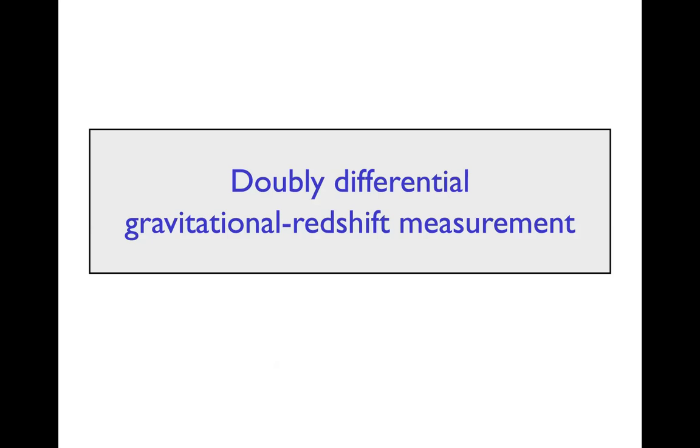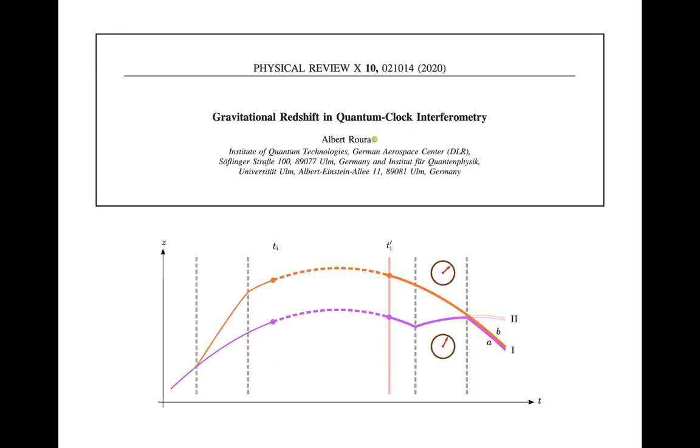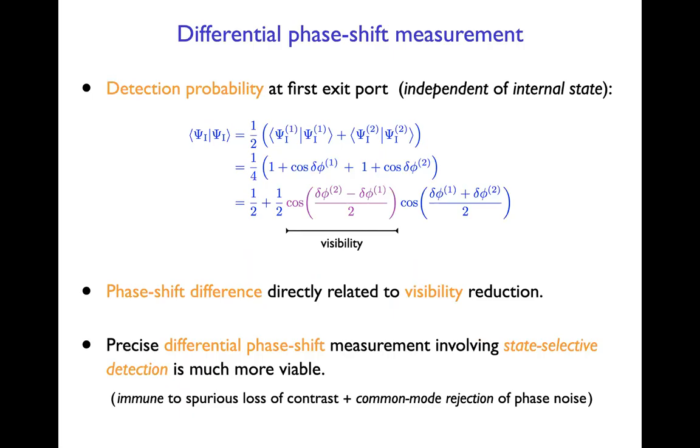So let's see now how one can come up with a measurement scheme, this doubly differential measurement scheme, that can circumvent these difficulties and overcome these challenges. This is based on the scheme presented here. Let's go through that in more detail, and let me highlight different aspects that will play a crucial role in overcoming those challenges that I was mentioning before.